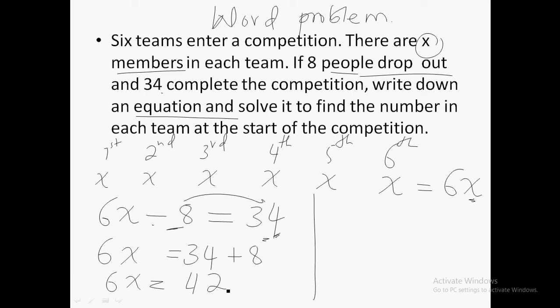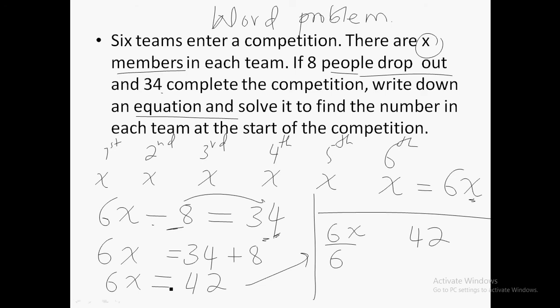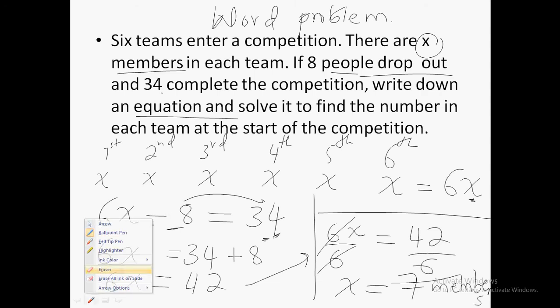We divide both sides by 6, we cancel, and x is equal to 42 over 6, which is 7 members. So each team has exactly 7 members, right?